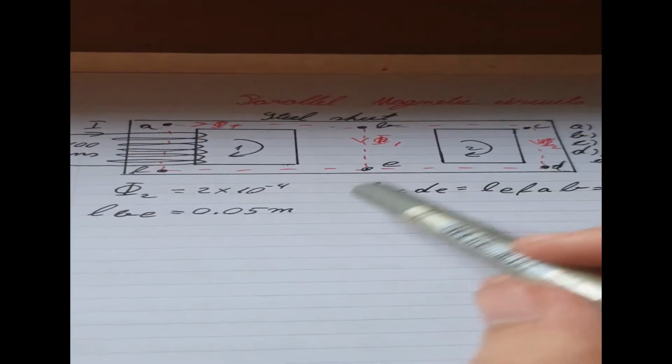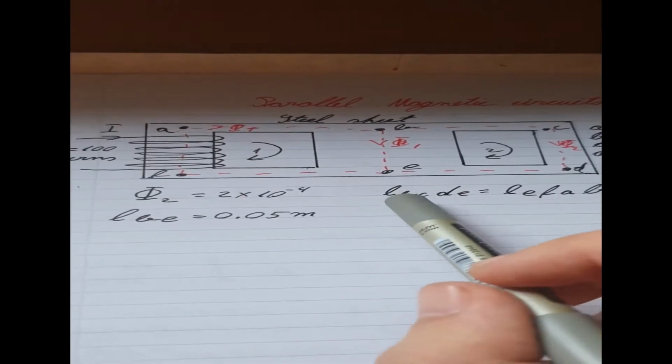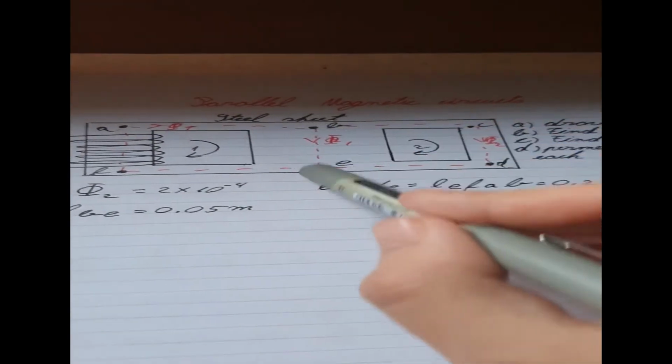Okay, so we find the lengths as well, because they fit the lengths that I've been giving you, so you don't need to bother calculating. We know that the length of B, C, D, E is equal to the length of this one, which is 0.2 meters, and the length in this one is simply 0.05 meters, very similar to the previous one.